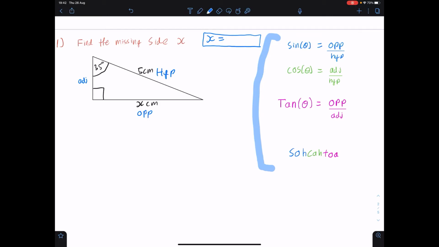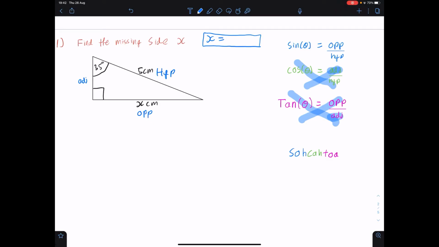So if we look at the tangent ratio, it contains the adjacent side, so we cross this ratio out, we will not be using it. If you look at the cosine ratio, it contains the adjacent side, so we also cross this ratio out. And we have one ratio left, which is the sine ratio, which does not contain the adjacent side. So this is the trigonometric ratio we will be using in this question.